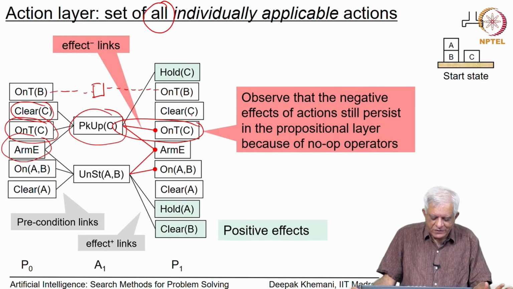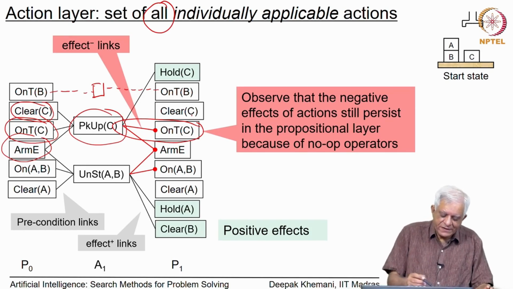So, even though for example, when you do pick up C, forward state space planning would have deleted on table C, graph plan does not do so, but it adds a new link from pick up C to on table C, and this is a negative link.